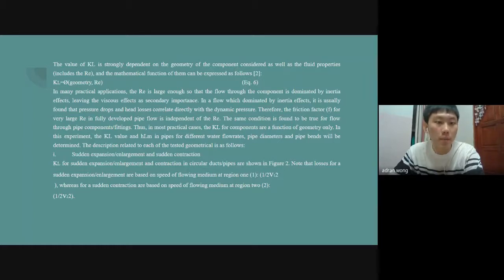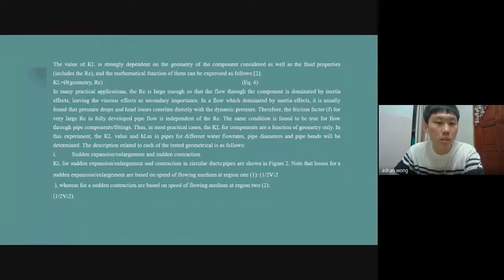In this experiment, the KL value and HLM in pipes for different water flow rates, pipe diameters, and pipe bends will be determined. The description related to each of the tested geometries is as follows. First, the sudden expansion or enlargement and sudden contraction. KL for sudden expansion or enlargement and contractions in circular duct pipes are shown in Figure 2.